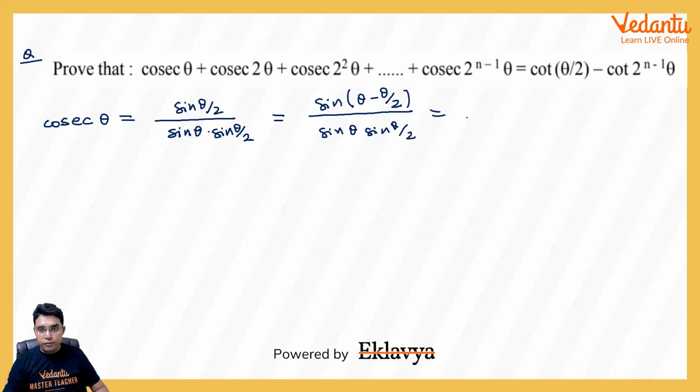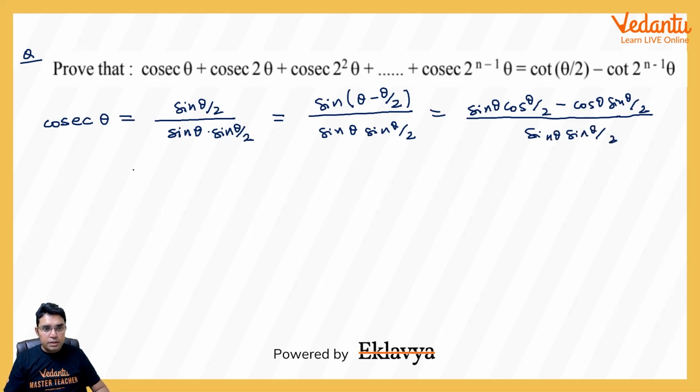The numerator, if we use the sine A minus B formula, will become sine theta cos of theta by 2 minus cos theta into sine theta by 2, divided by sine theta by 2.